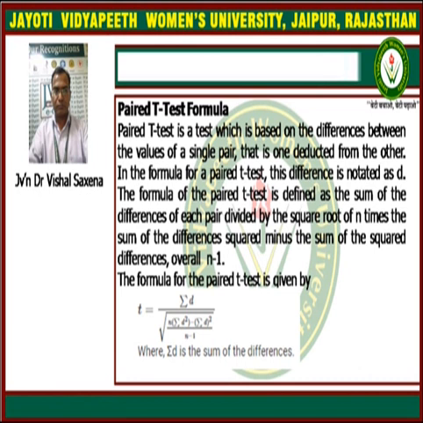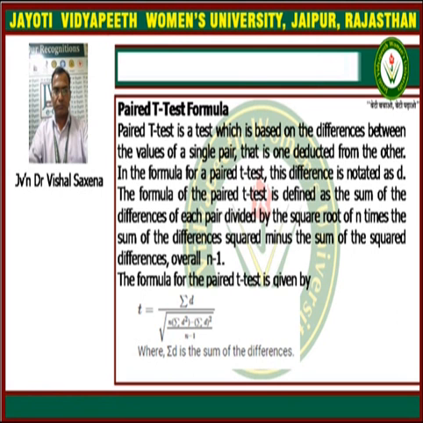The formula of the paired t-test is defined as the sum of the differences of each pair divided by the square root of n times the sum of differences squared minus the sum of the squared differences overall, n minus 1.